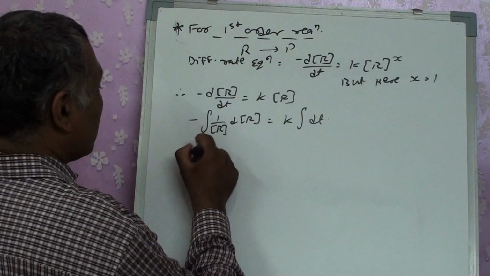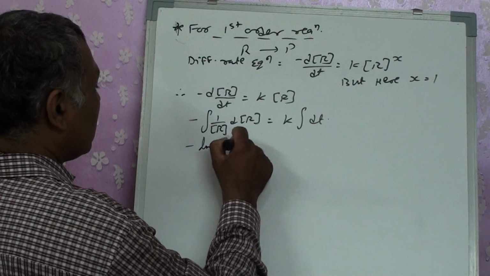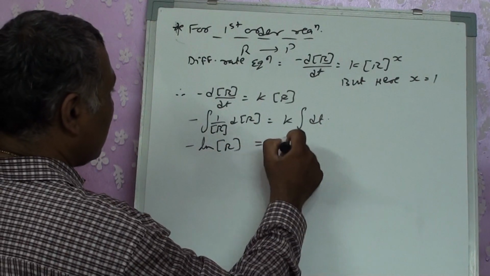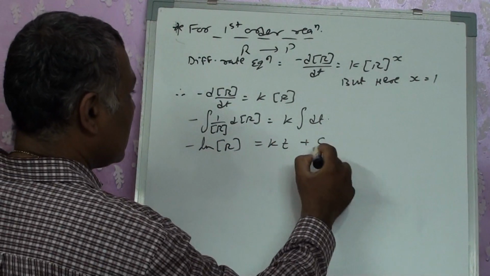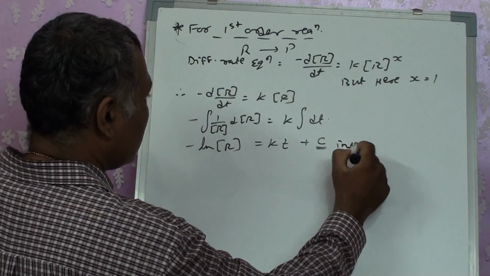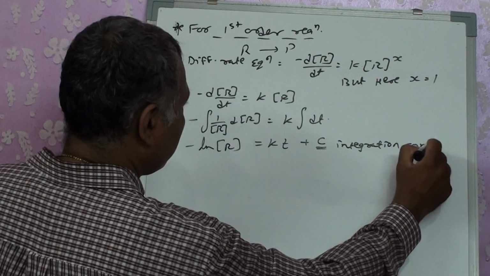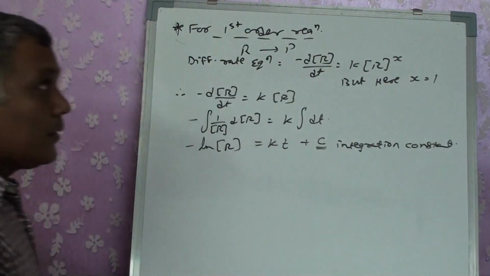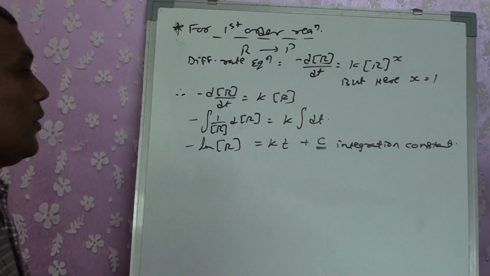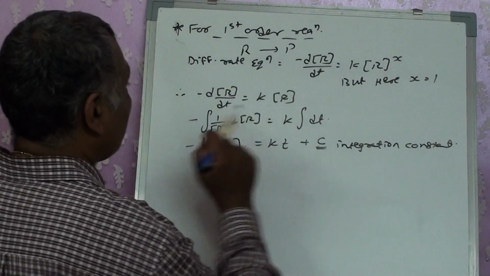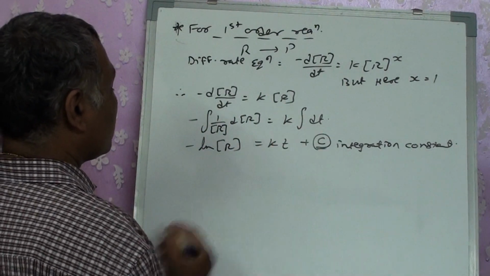Integration of 1 upon R dR is given as ln R equals kt plus c. Again, this c is the integration constant. So let's find out the value of the integration constant c.